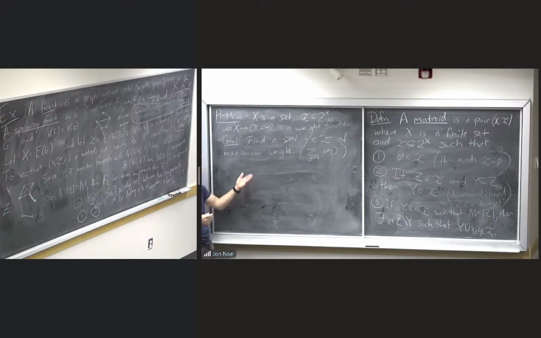And this is the type of thing we've been doing all the time, right? For example, X could be all of the edges in a graph, and I could be the set of matchings. And then this is just find the maximum weight matching, right? So this is a super general problem. Of course, something like maximum weight matching cannot be done greedily. If you try to do it greedily, you're going to fail.